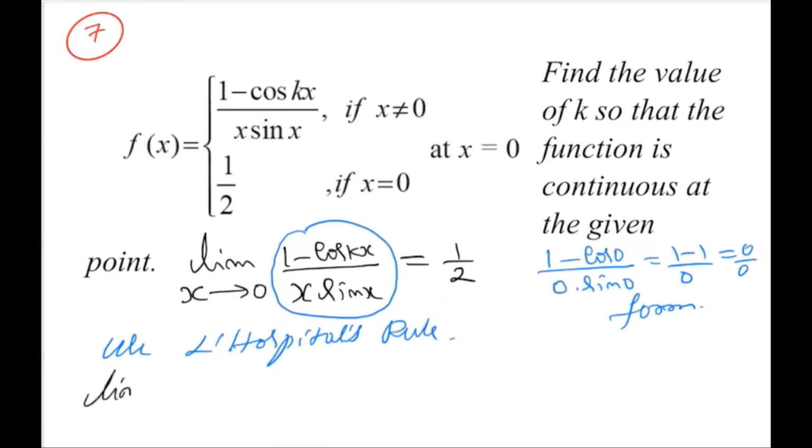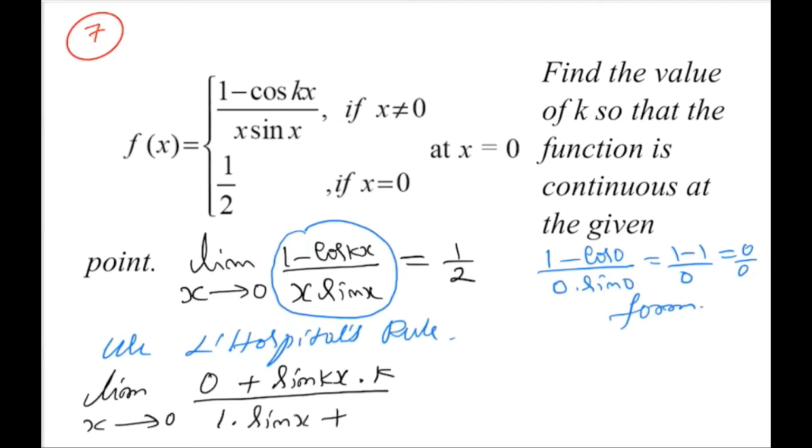So this given limit equals limit x tends to 0. Differentiate the numerator: 0 plus sine of kx into the coefficient of x, k. In the denominator, apply product rule. Differentiate the first, keep the second as it is, plus keep the first one as it is, differentiate the second.